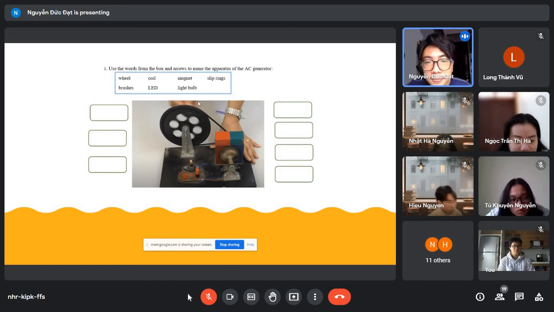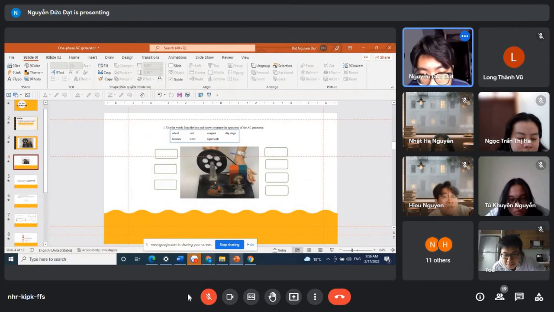Okay, so the final one is about how we can operate the machine here, or how we can rotate the rotor in this generator. So I will call another one.